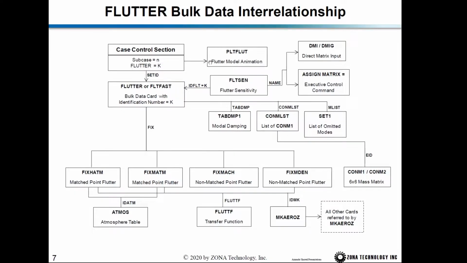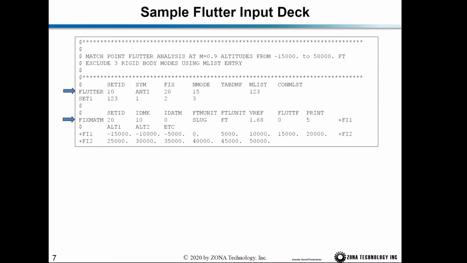Also, the Flutter card refers to a FLAT card, and in this card you can generate the Flutter mode animation file, and then you can look at the Flutter modes. And if you want to do sensitivity analysis of the Flutter analysis, then you use the FlutSense card.